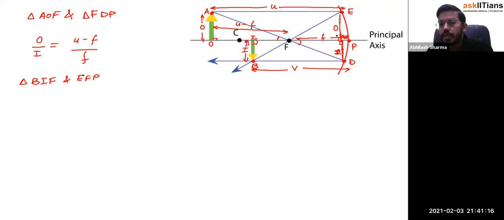Again, it is the same property, 90 degrees, vertically opposite angles. And so in that also, I can equate the perpendiculars O by I and base. Base of triangle EFP, again, it should be focal length. And what about the base of triangle BIF? So if you closely watch this distance, it is V minus F.